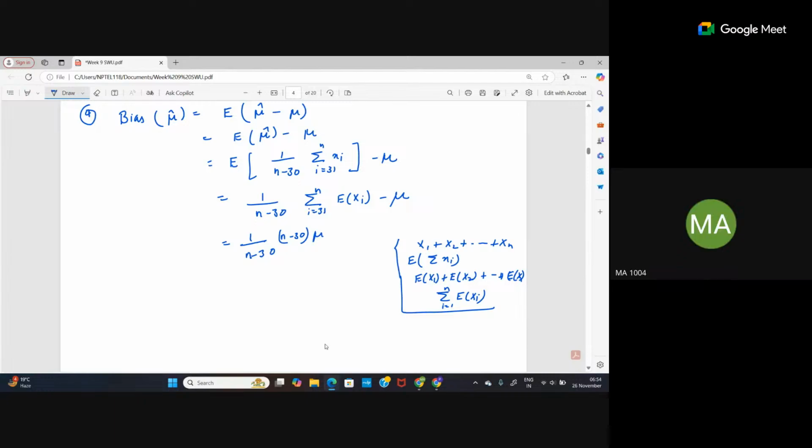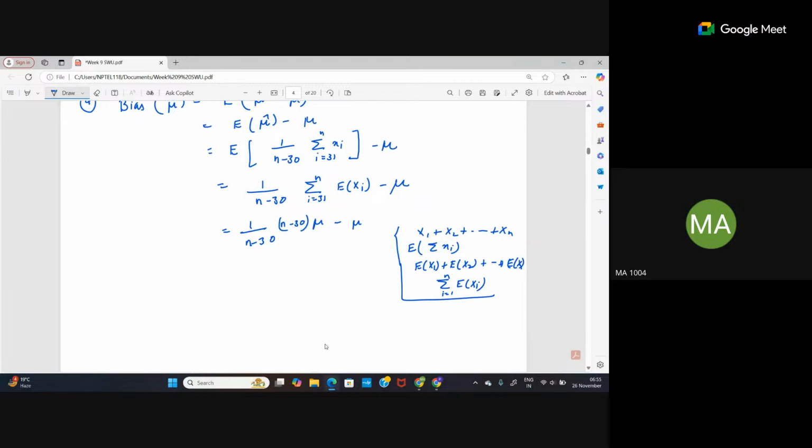No, ma'am. So from 31 to n there will be n minus 30 observations, right? So n minus 30 times mu, minus mu. The n minus 30 will be cancelled out, so it will be mu minus mu, which is equal to 0. So the bias for mu hat is 0 here. Okay, any doubt?